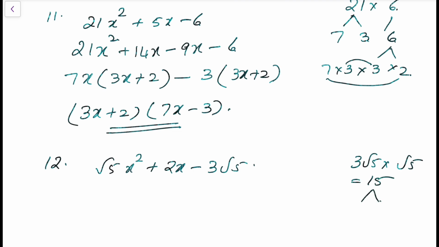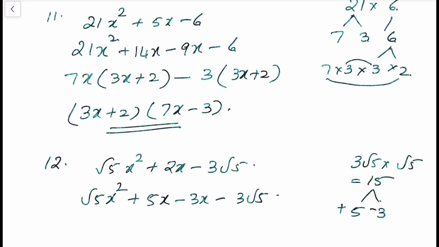So, 15 can be written as 5 into 3. Again, it is minus 3 root 5. So, it will be plus 5 and minus 3. So, root 5 x squared plus 5x minus 3x minus 3 root 5.